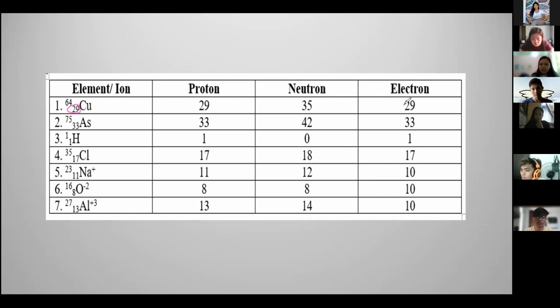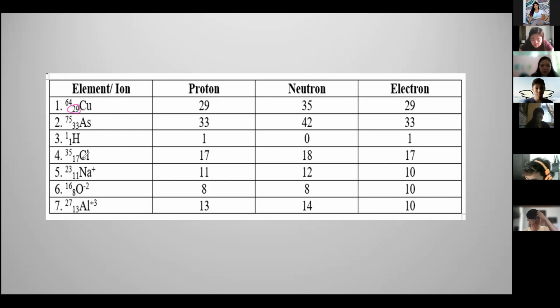For the electrons, since we do not have any charge, the proton and electron are the same. The process is similar for number 2 and 3. We have the same proton and electron, which is 33. For the neutron, 75 minus 33 gives us 42. For hydrogen, we have 1 proton and 1 electron since there's no charge, and for neutron, we will just be subtracting 1 minus 1.